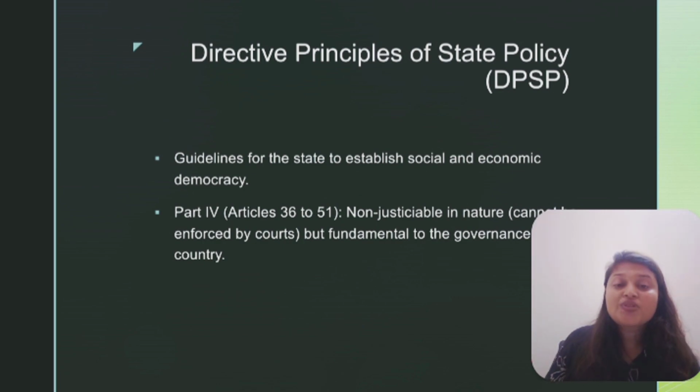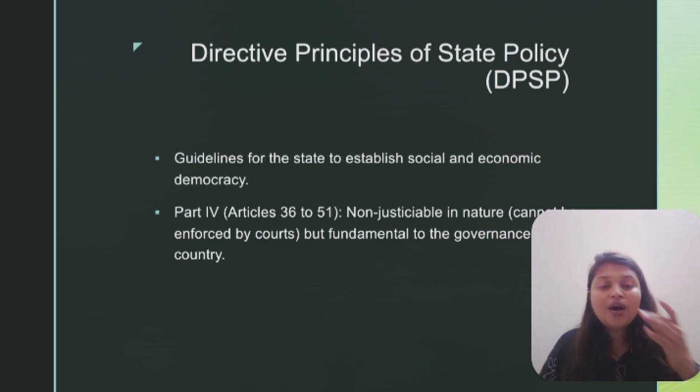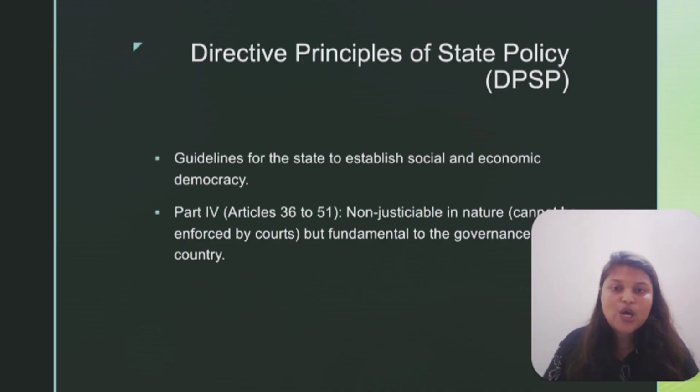So these are all the objectives and issues that the government tries to achieve and resolve, right? Part 4 of the constitution gives us DPSP, from Article 36 to Article 51. So the Indian constitution has these salient features which make our constitution unique in its own way, right?